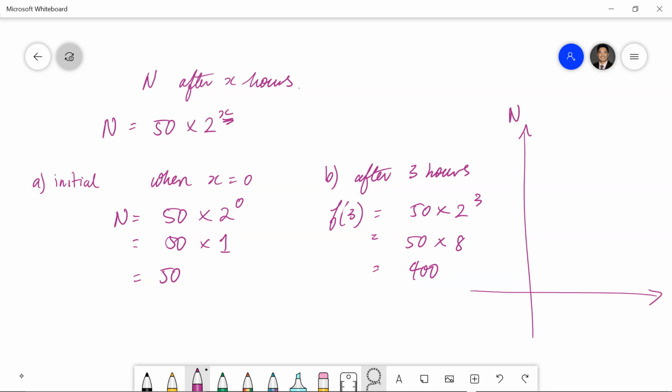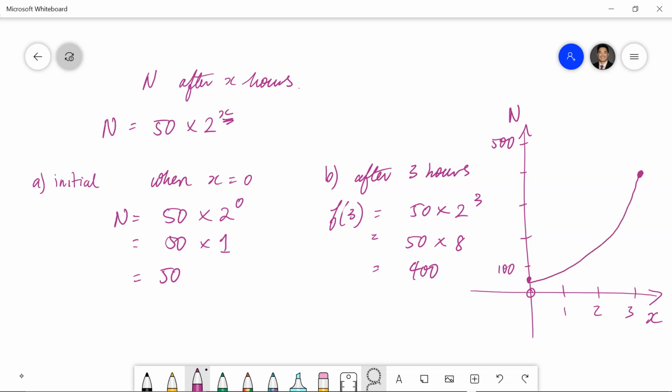This is going to be the number of bacteria, and this is going to be the time, so 1, 2 and 3 hours, and then 100, 200, 300, 400, 500 as our scale. We know at 0 we're at 50, and at 3 we're at 400.